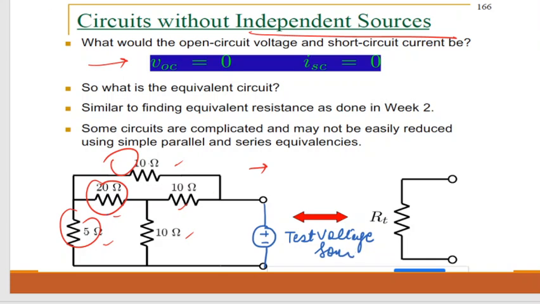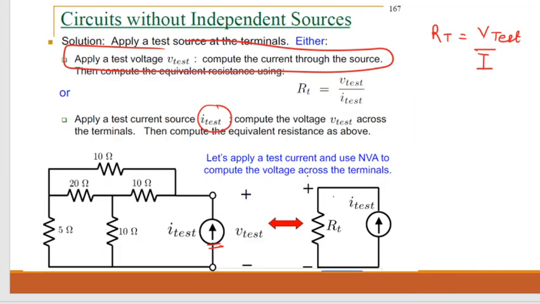And if you apply current source, like current as like, and that current, got it? So that would apply test currents, then calculate.